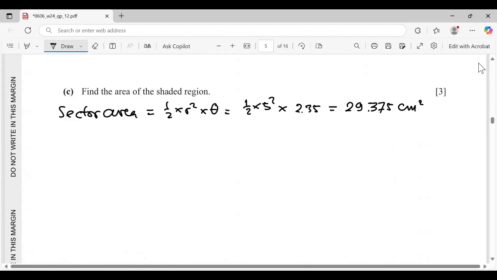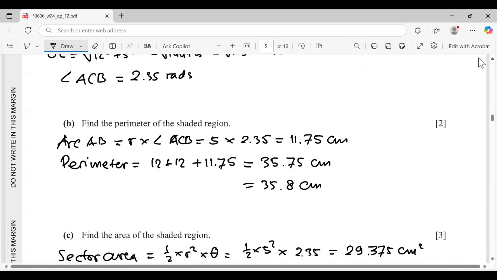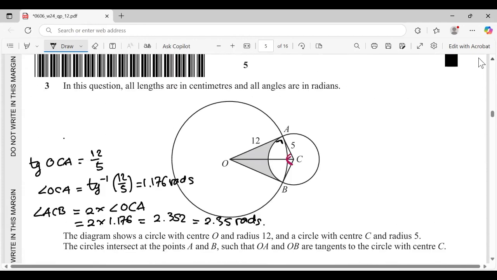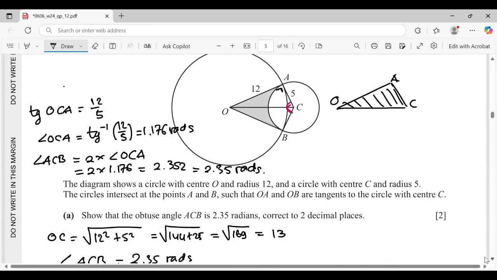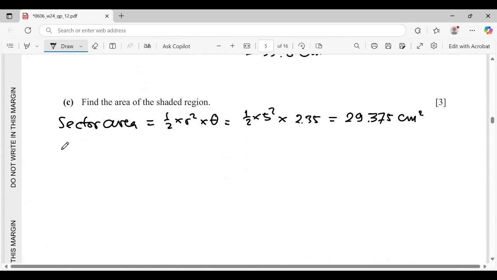After that, I will calculate the area of OAC, this area. Area OAC equals 1/2 times 5 times 12, which is 30 centimeters squared.